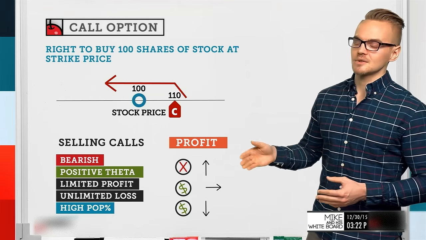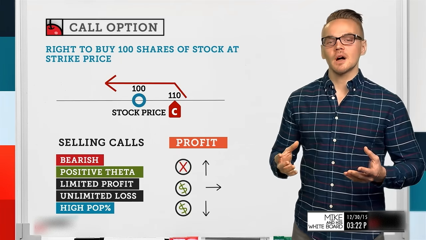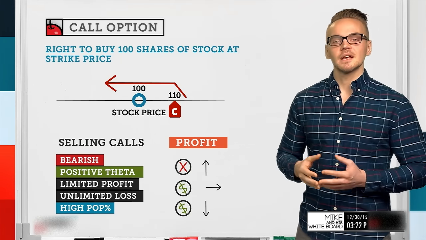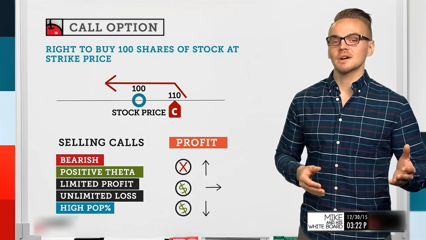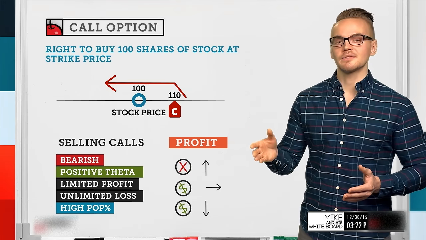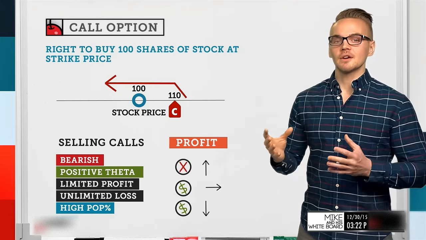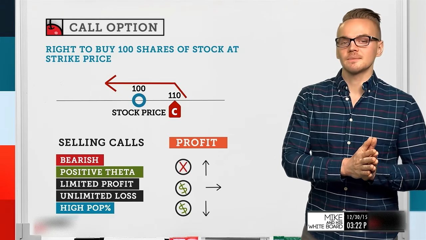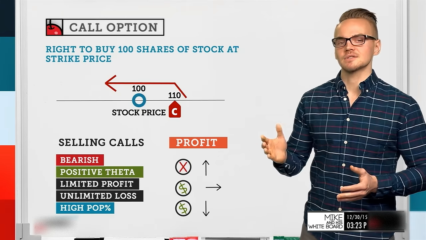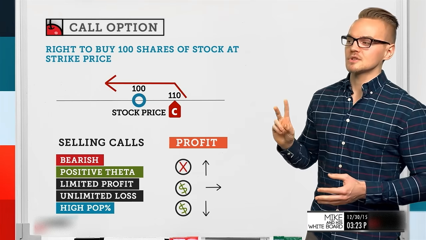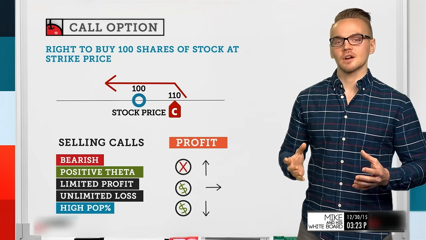Additionally, if the stock price goes down, we'll be profitable as well because, like we stated earlier, if the stock price is at a better price in the market than it would be if the owner of the call option exercised the option, then they're going to be better off buying the shares in the market as opposed to exercising that call. So we're profitable 2 out of 3 ways if we sell a call option.